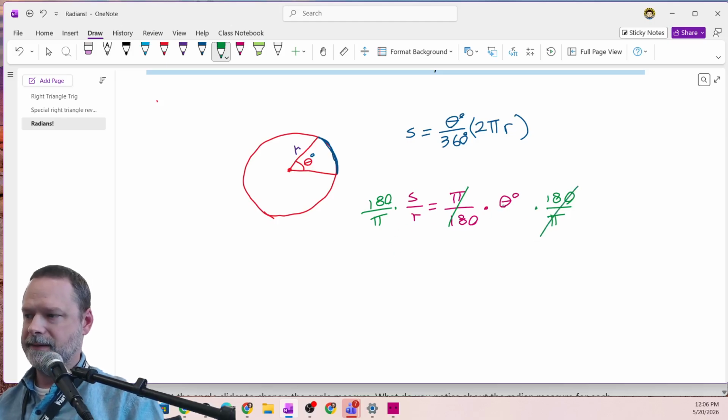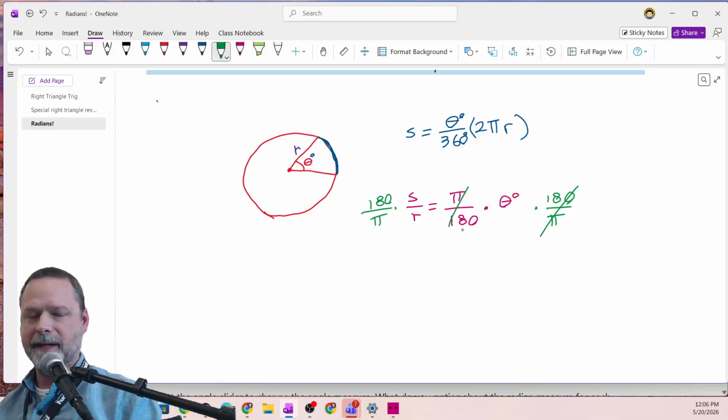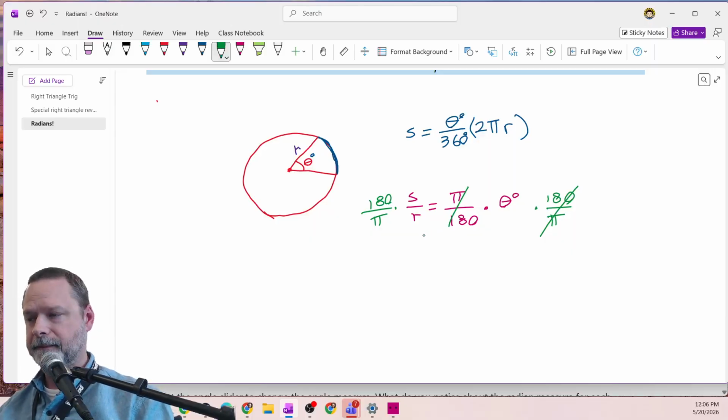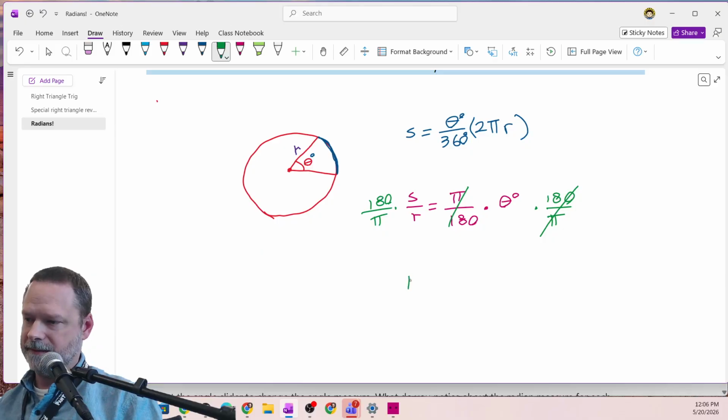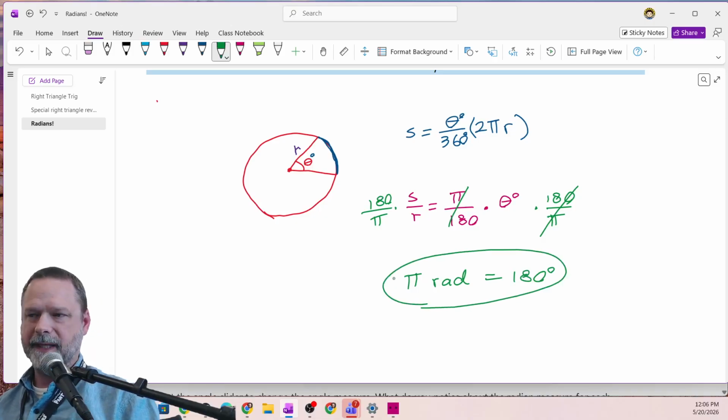The trick of it really is that pi radians is equal to 180 degrees. And that's a nice little quick trick we can use when we're trying to convert radians to degrees.